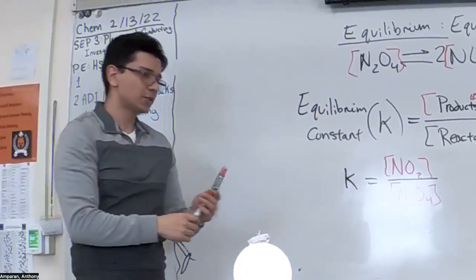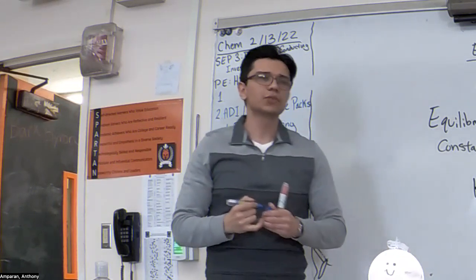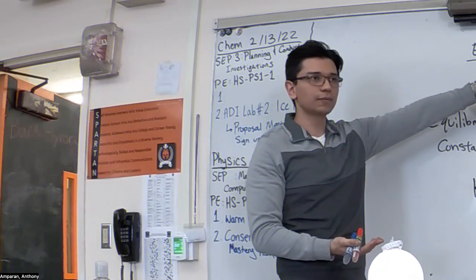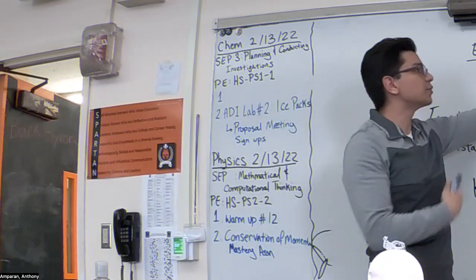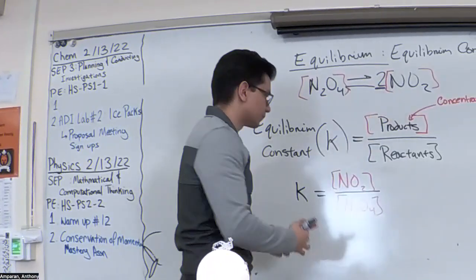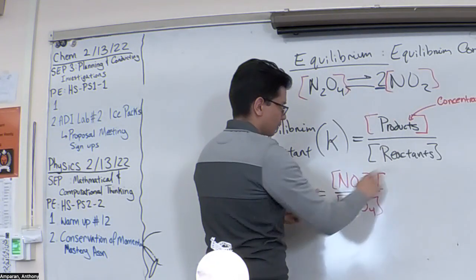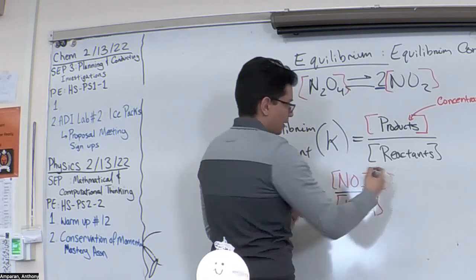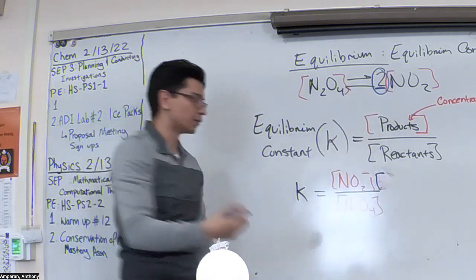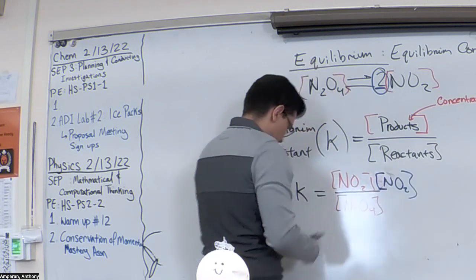Now I also need to take into account my stoichiometry. For every 1 N2O4 I have, it's going to turn into 2 NO2s. So there's going to be twice as many NO2s present. Because there are 2, I'm going to add a second NO2 because I make 2 of those NO2s.